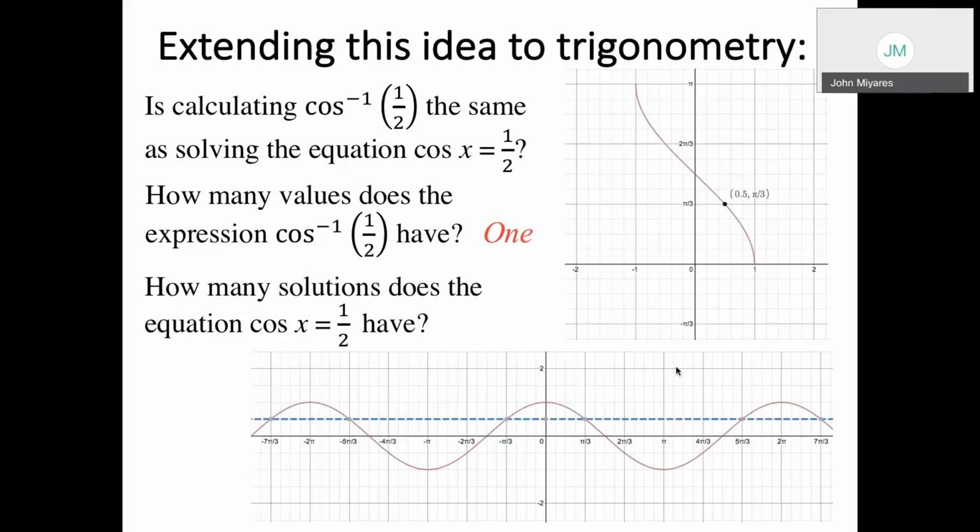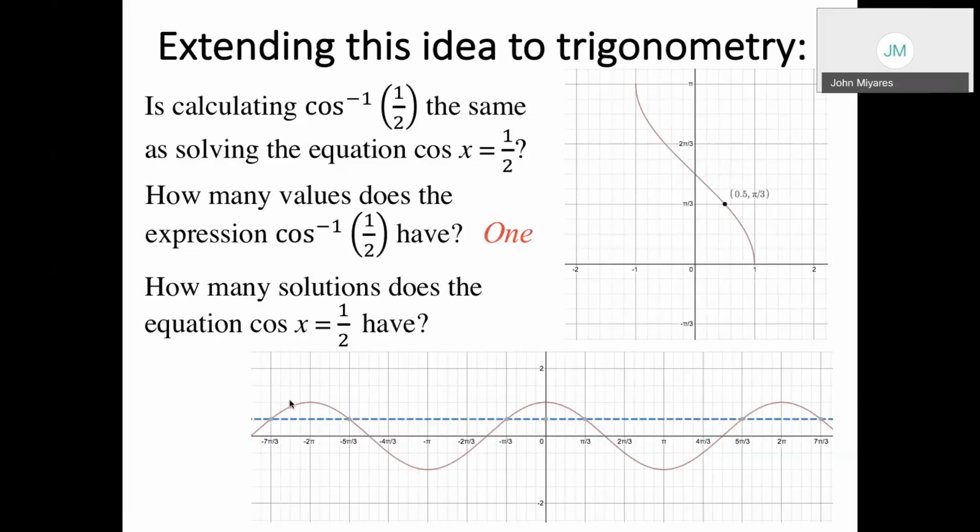Although I haven't labeled the points explicitly here, what you should see is that this horizontal line is going to intersect the cosine graph in several places, including pi over 3, 5 pi over 3, then back here at negative pi over 3, negative 5 pi over 3, and if we were to extend our cosine wave further in both directions, we'd see a lot more intersection points with the cosine wave along with this line y equals 1/2.